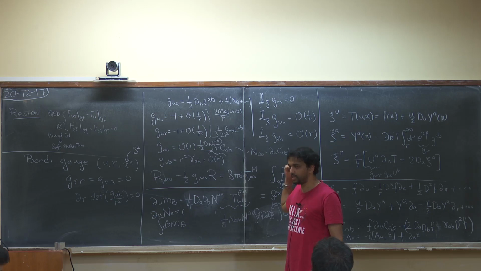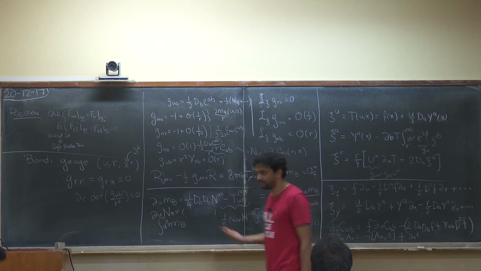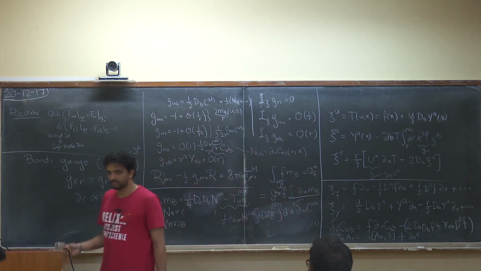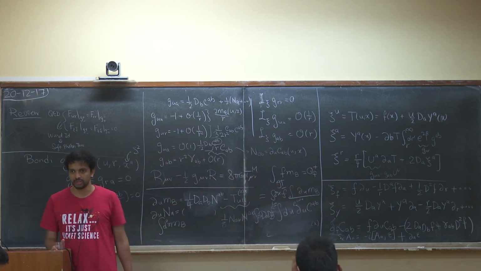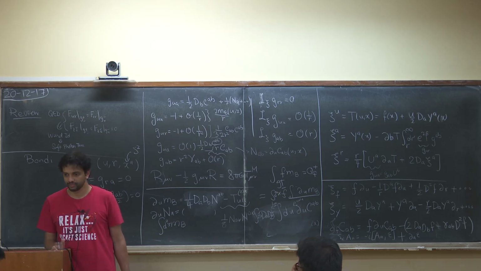So Y is a completely arbitrary vector field on the d minus 2 dimensional sphere. That's the thing you would use to derive all the Ward identities, and everything would work out.